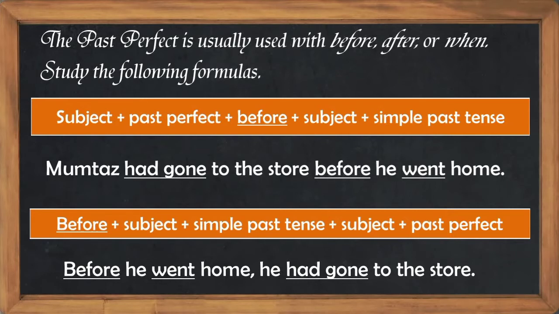Kata before bisa diletakkan di depan kalimat. Before plus subject plus simple past tense plus subject plus past perfect. For example, before he went home, he had gone to the store. Perhatikan kembali polanya. Ketika kata before di awal kalimat, Anda harus mencantumkan tanda koma setelah kalimat awalnya.